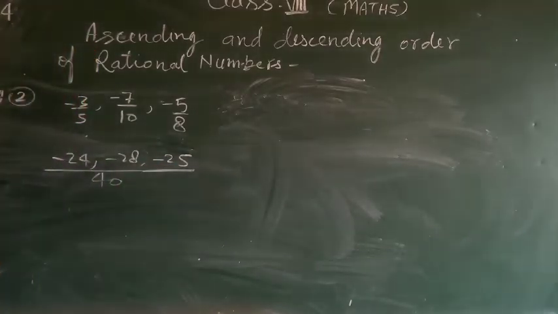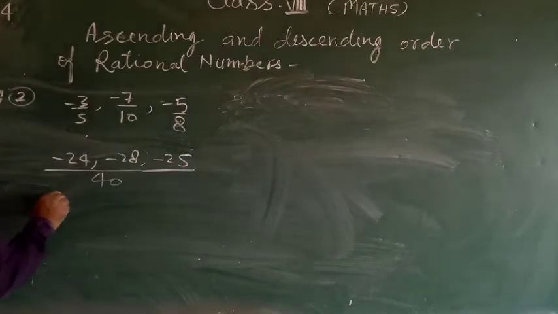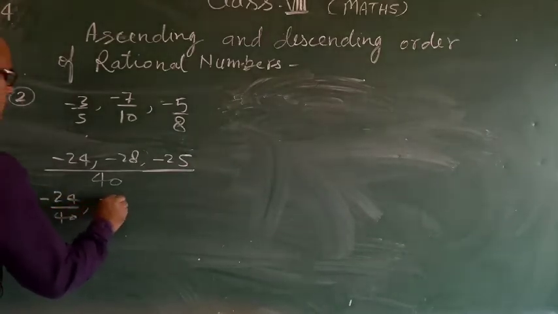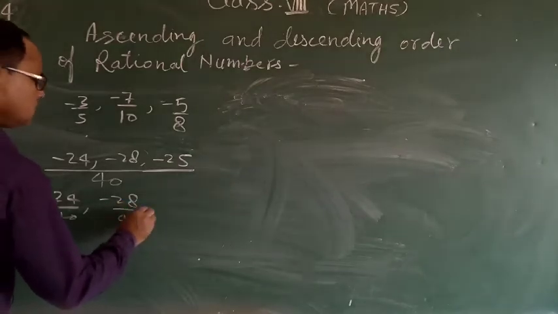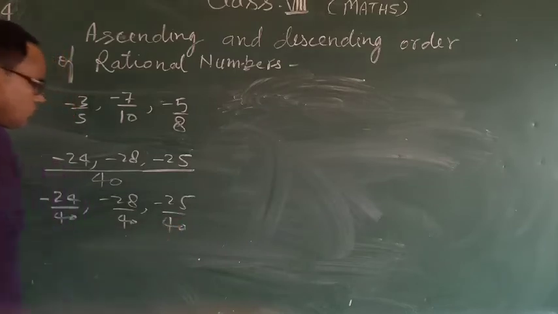Okay, students? Here we write minus 24 upon 40, minus 28 upon 40, minus 25 upon 40.